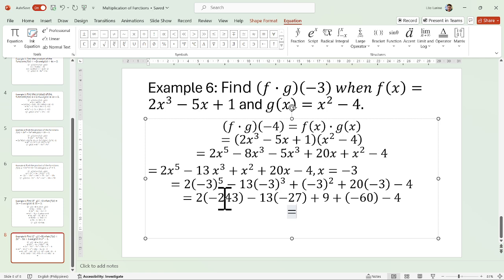Then 2 times negative 243 is negative 486.